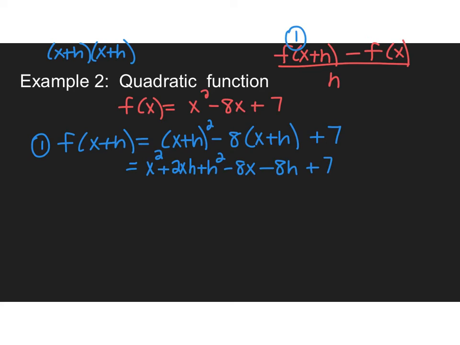From that, we can now apply our formula. So remember our formula. We need f of x plus h minus f of x, all divided by h. So we're going to take everything we just calculated for f of x plus h and substitute that in.